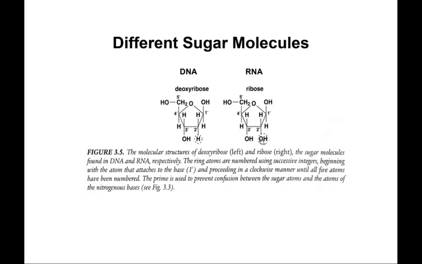This is one of the major reasons that RNA easily becomes fragmented, because of the active functional group at position number 2, the OH group. So DNA is more stable than RNA because there is only a hydrogen at position number 2.